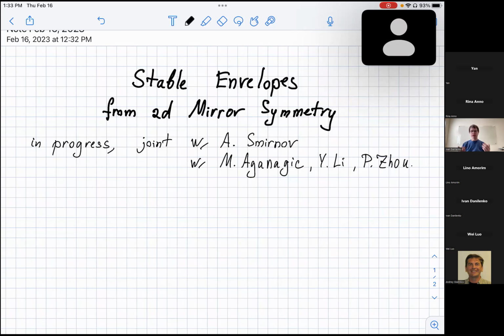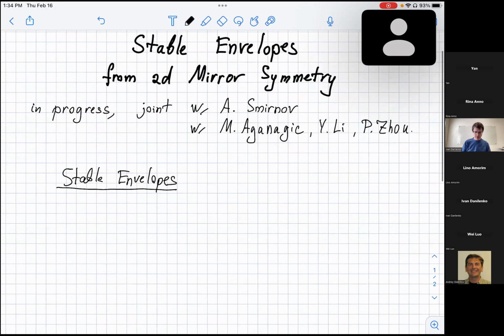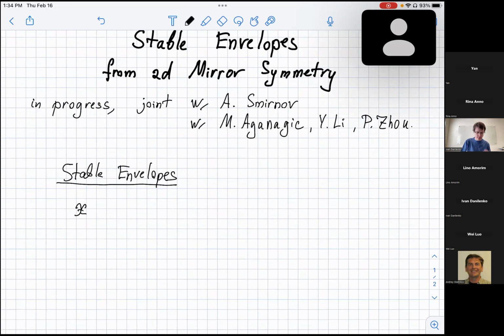So let me start with what stable envelopes are. Let me start with a smooth algebraic symplectic variety over complex numbers.